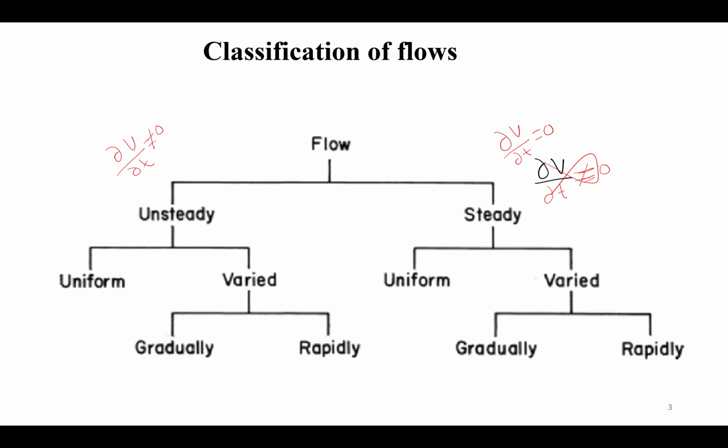Okay, so unsteady flow may be uniform or varied, that is non-uniform. Steady flow may be gradually or rapidly varied. Unsteady flow may be gradually or rapidly varied. This is the case for unsteady varied flow, or non-uniform flow you can say.